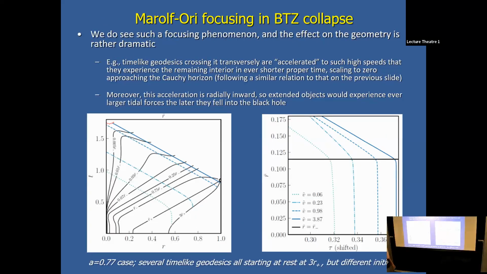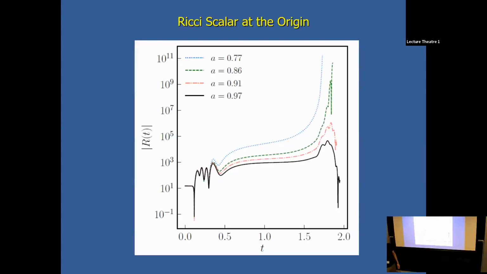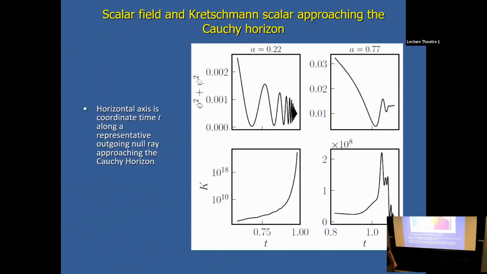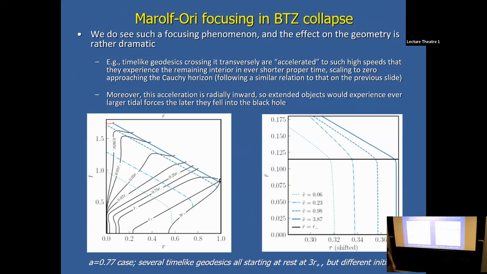So now this is the 0.77 case. What we did here is, these black lines are contours of constant proper circumference. This is the outer horizon. This is 3 times the outer horizon.